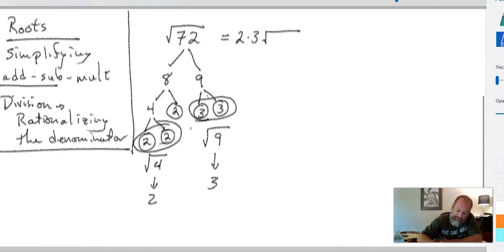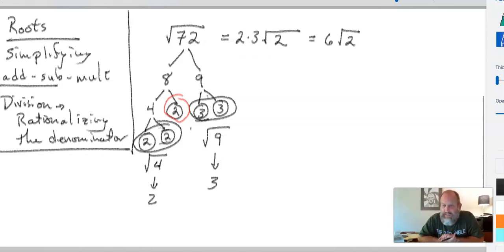So this 2, this little guy right here, is all by himself. He doesn't have any friends, and so he's got to go inside the root. And then to write down your final answer, we just need to multiply out anything that I have left. So 2 times 3 is 6, and then the square root of 2 doesn't need to be simplified, so I'll write this as 6 root 2.